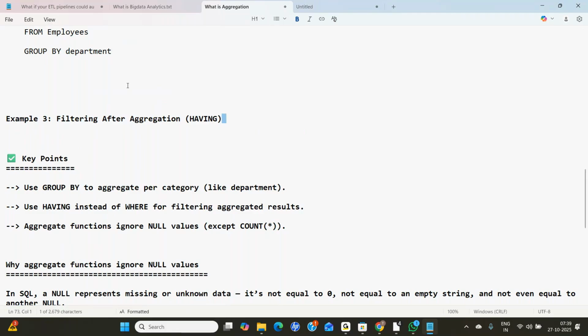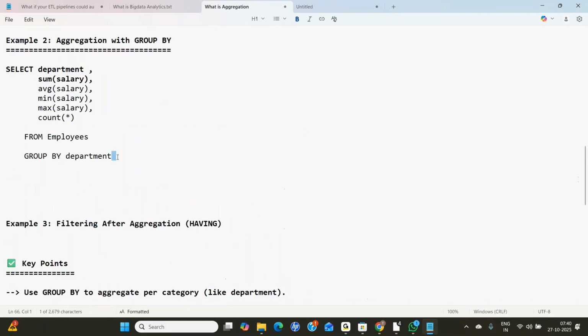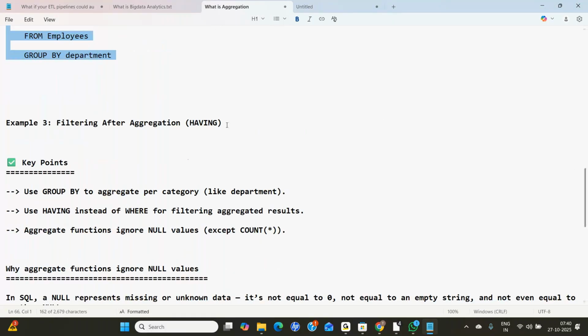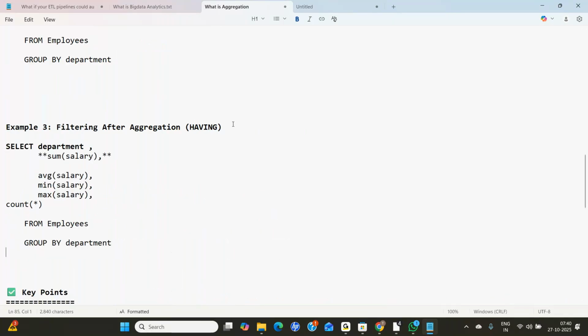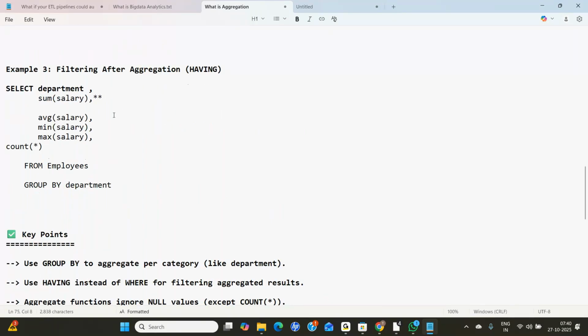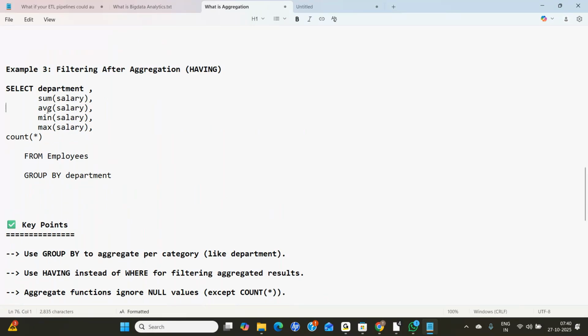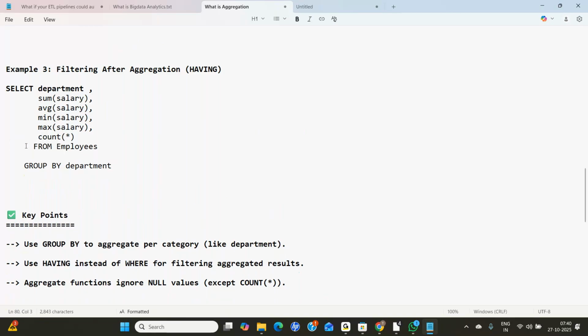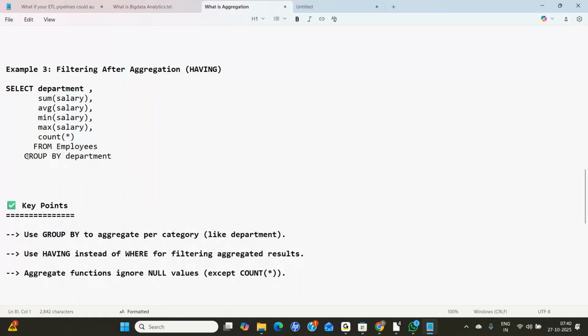Same query, you just copy here. Select department, sum of salary, and count star from employees group by department.